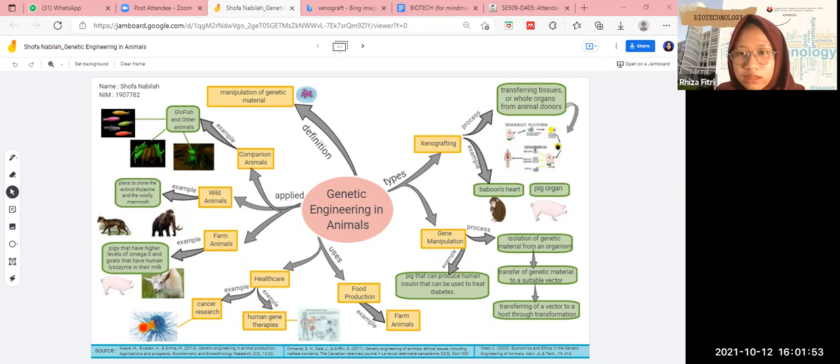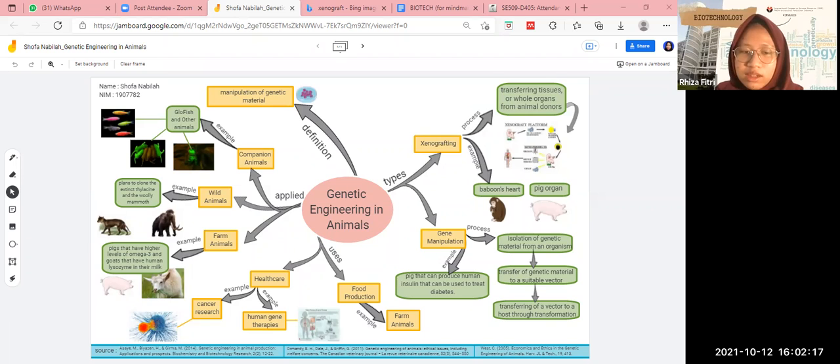I briefly read from the Food and Drug Administration of the USA that food production from genetically engineered animals is not allowed, or forbidden, against the rules.